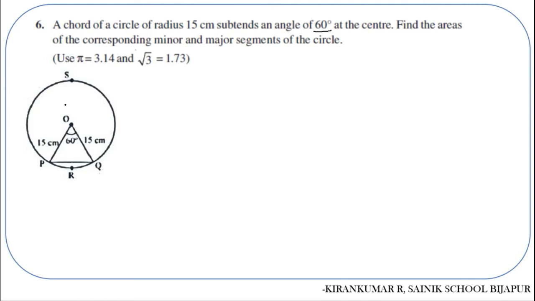Area of minor segment will be area of minor sector minus area of triangle. For that, I will first find out area of sector OPRQ.